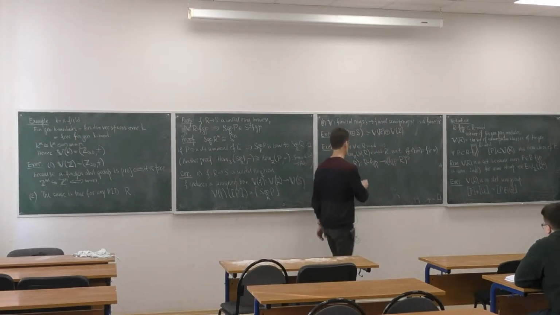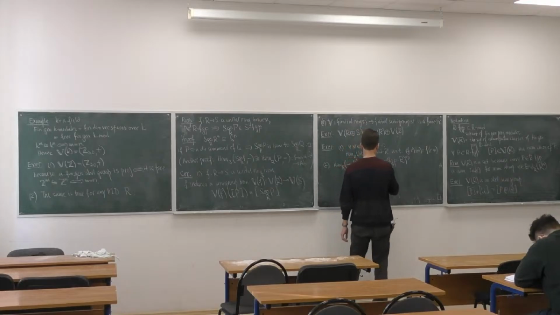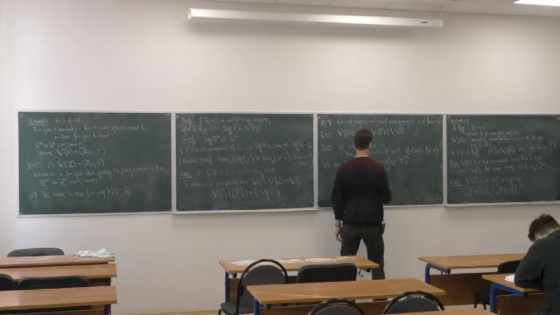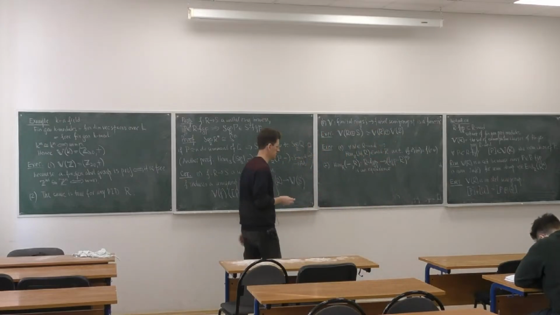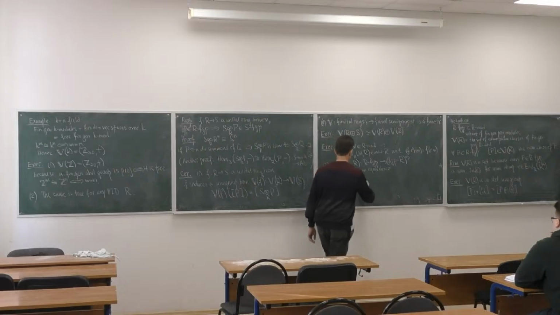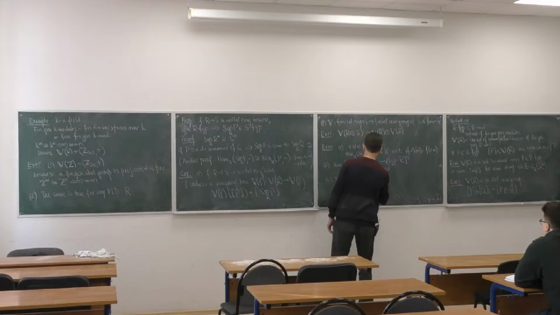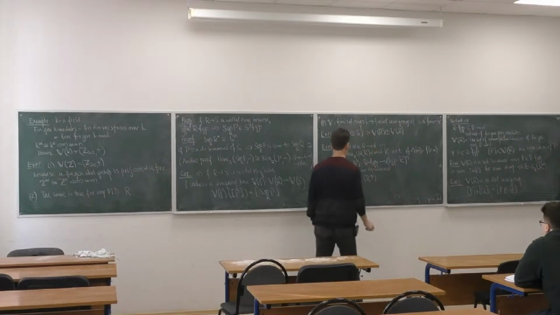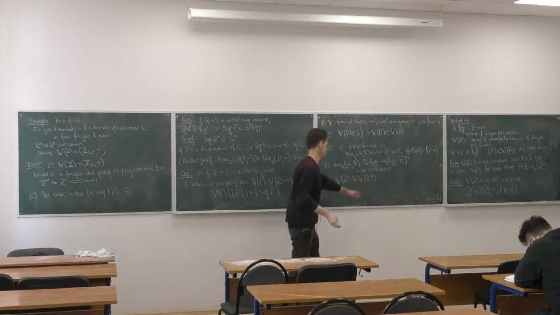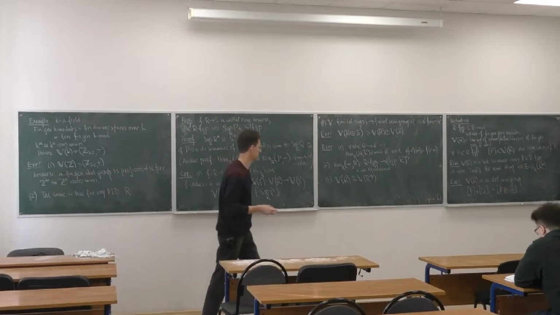And this is an equivalence. And this easily implies that we have a natural isomorphism between V of R and V over the opposite ring R op, because the left modules over this ring are the same as right modules over R.